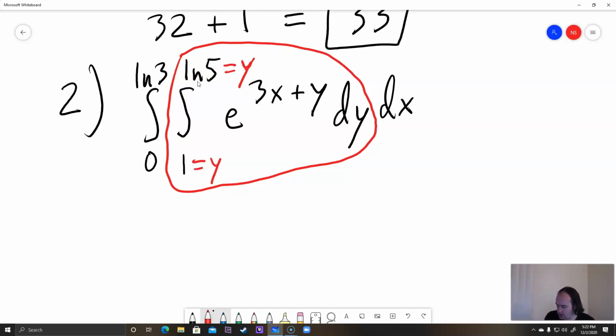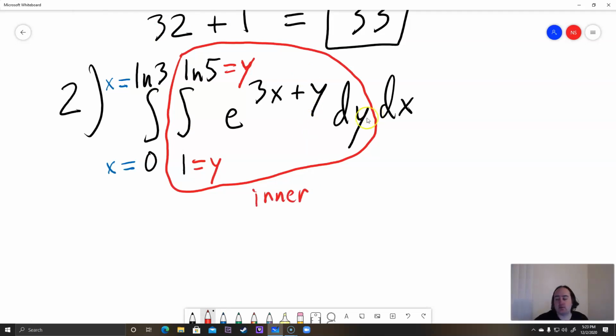Okay? And then the outer integral is dx. So that's going from x equals 0 to x equals ln of 3. That's just reading what it means. Okay, so we're going to be doing this inner integral first, the one in red.